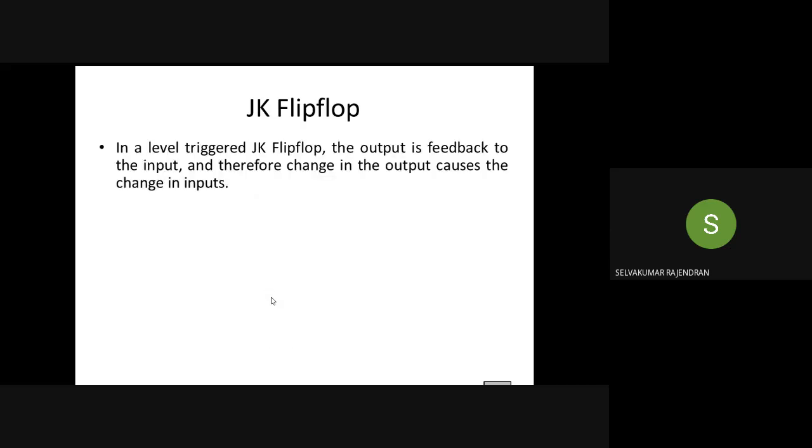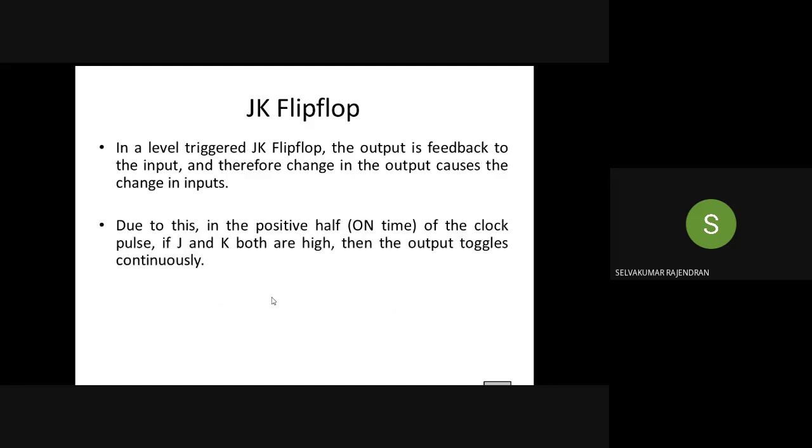So in level triggered JK flip-flop, the output is fed back to the input, and therefore a change in the output causes a change in the inputs. Due to this feedback mechanism, in the positive half of the clock pulse, if J and K are both 1, then the output toggles continuously.